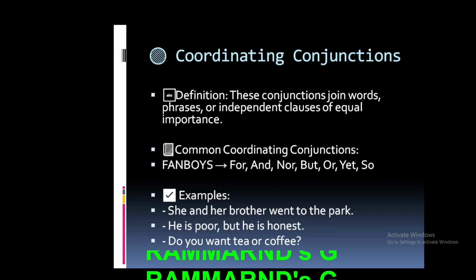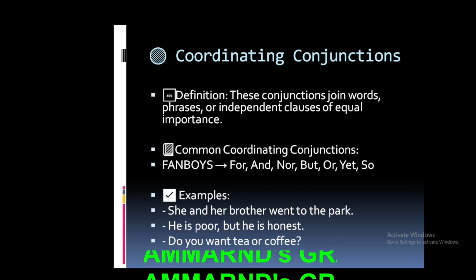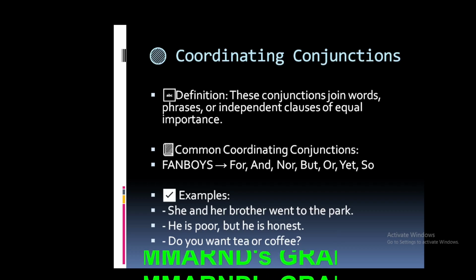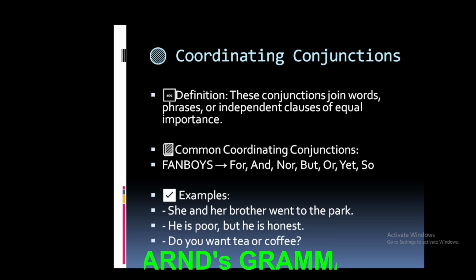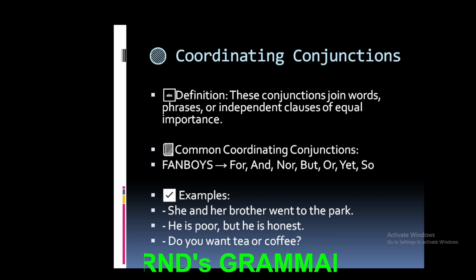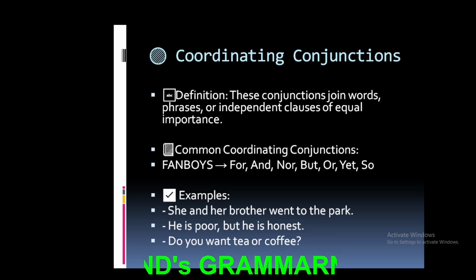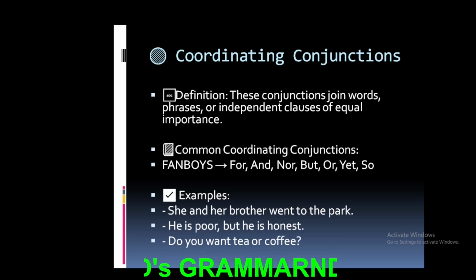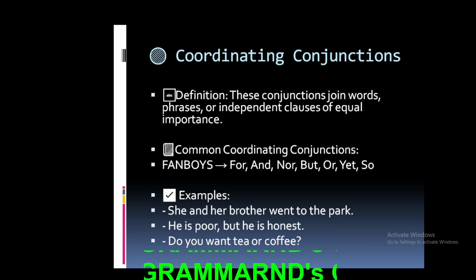She and her brother went to the park. Here you can see two subjects, she and her brother, are joined with and. Second example, he is poor but he is honest.